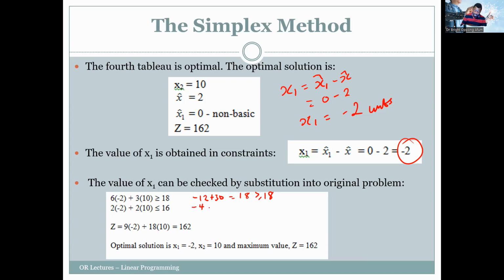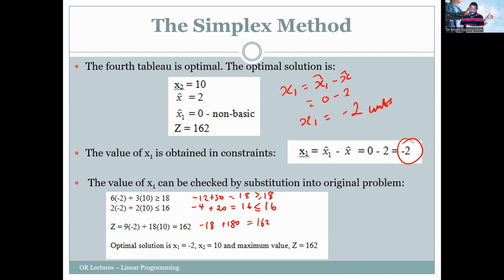Negative 4 plus 20 is 16, and 16 also satisfies the less than or equal to constraint. And when you put it in the objective function, 9 times negative 2 is negative 18, plus 180, and that gives us 162.